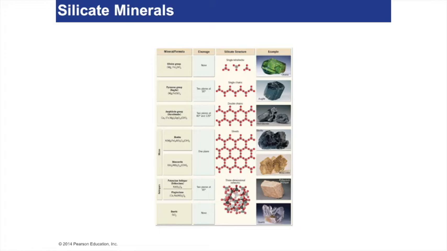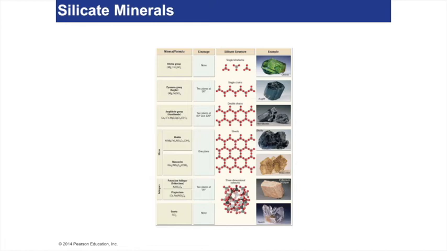The example here is augite, and it would be very difficult to memorize all of the types of minerals in this class, but once you have some idea that, oh, this is a chain, well, you can make predictions about how that will cut, what the shape of the crystal is going to look like, whether it is in sheets or strips or links or whatever. You can make some predictions.